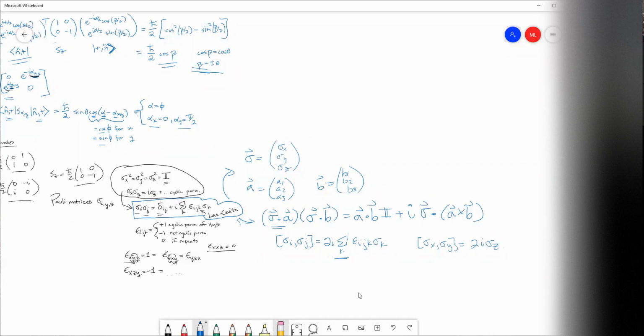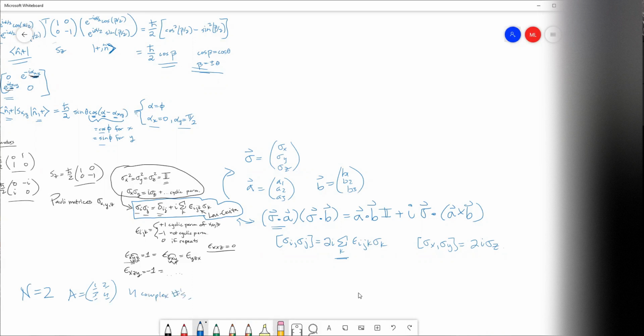What else? So these Pauli matrices are useful in their own right because we know that, for an n equals 2 Hilbert space, any operator has 1, 2, 3, 4 entries in it. So there's 4 complex numbers that describe any operator.